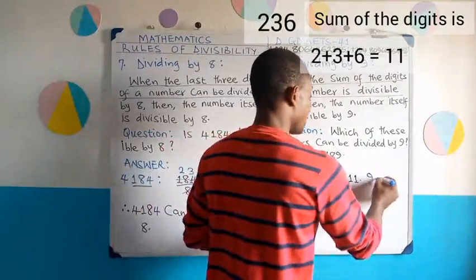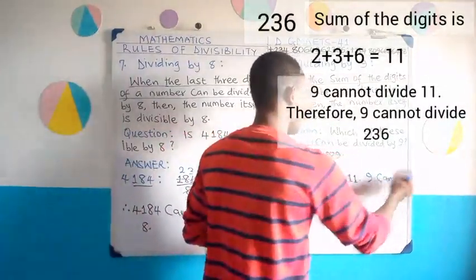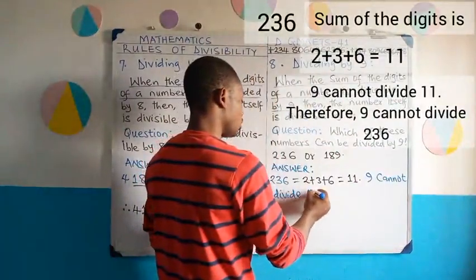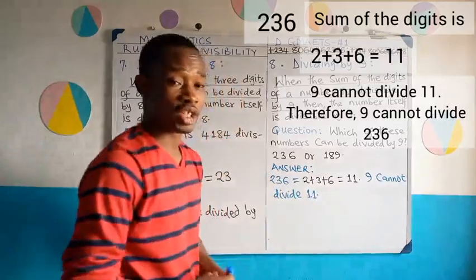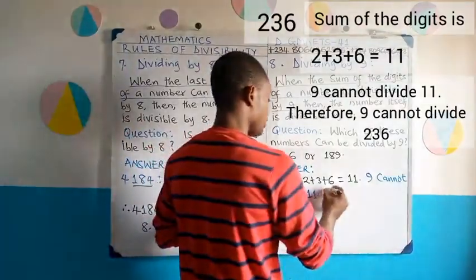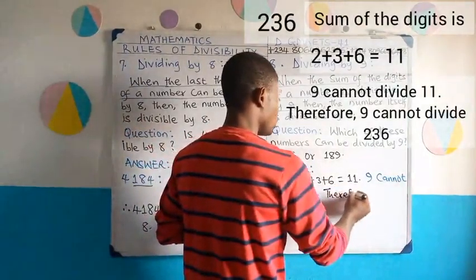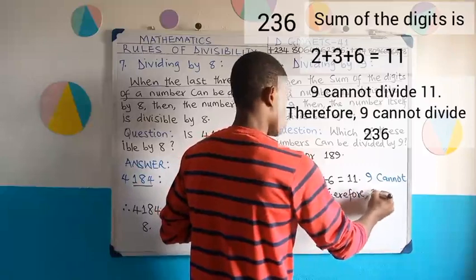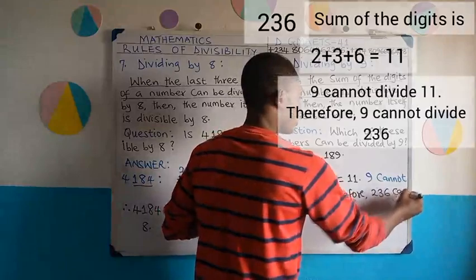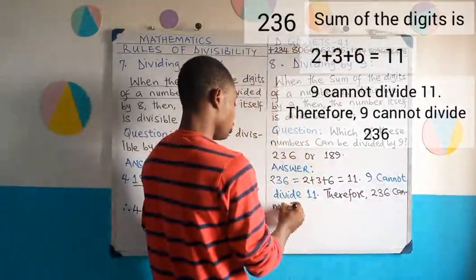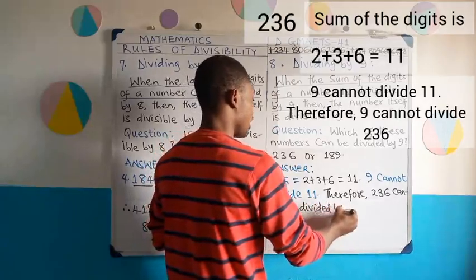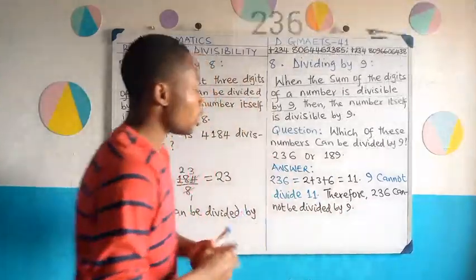So alright, 9 cannot divide 11. So what is the implication? What is the meaning? It means that, therefore, 236 cannot be divided by 9.